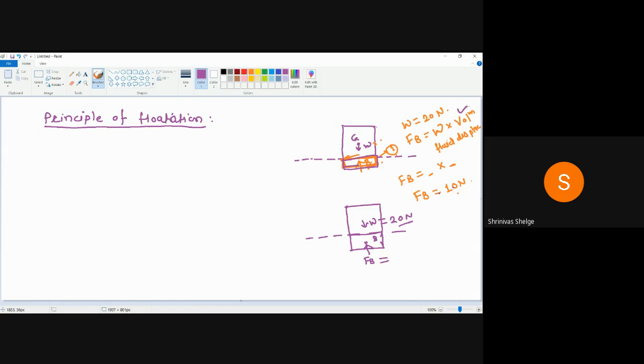When this volume increases, obviously the buoyancy force increases. Suppose this is now 15 Newton. What happens again? It still moves in the downward direction.